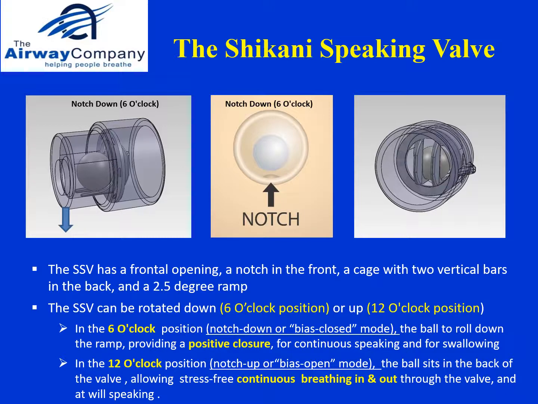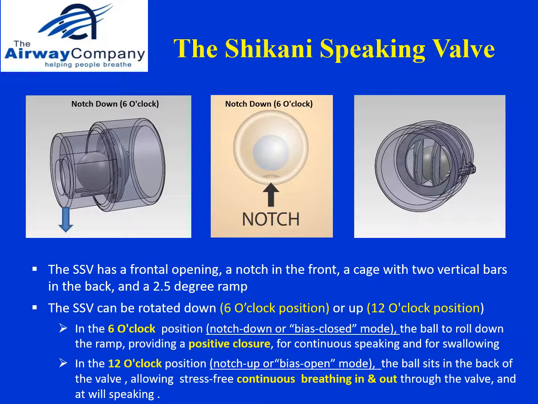This diagram shows the inside of the valve. It has a cage with a 2.5-degree ramp, which when the valve is placed in the down position or 6 o'clock position, the ball rolls readily forward towards the frontal opening, closing the opening and redirecting the air.